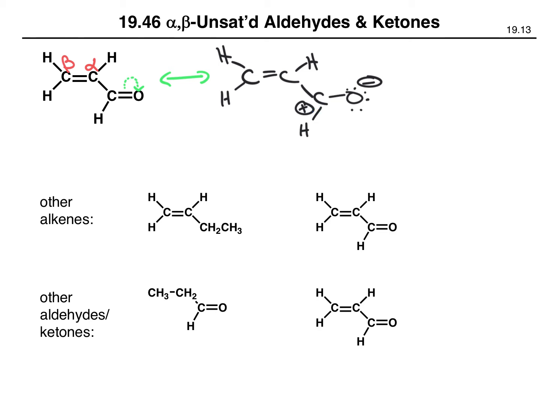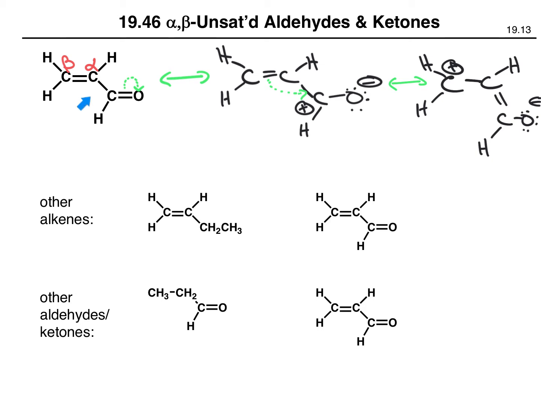But in the case of the alpha-beta unsaturated aldehydes and ketones, there is another resonance contributor. So if we imagine these electrons move here, we have this, because we have the negative charge on the oxygen and the positive formal charge here.